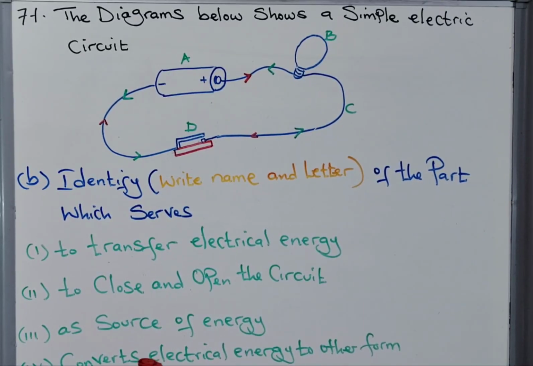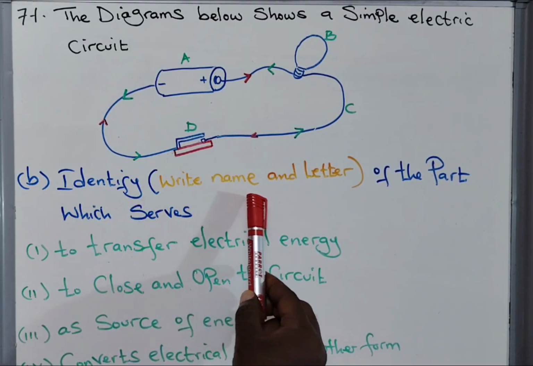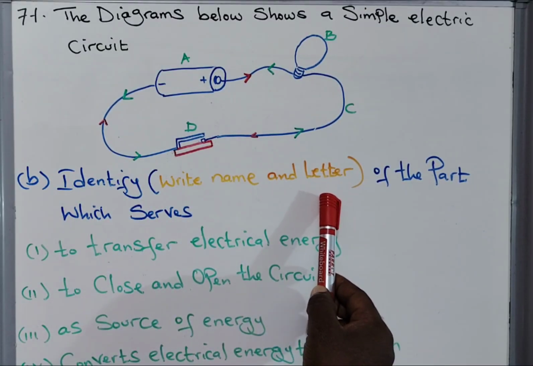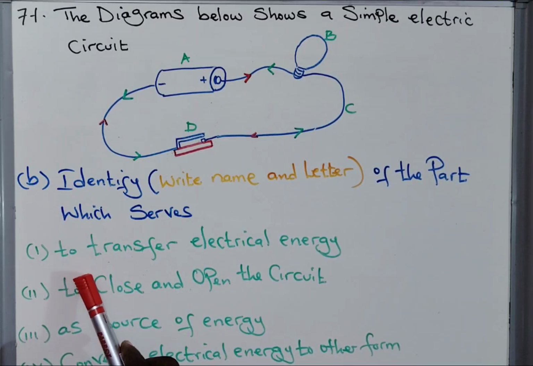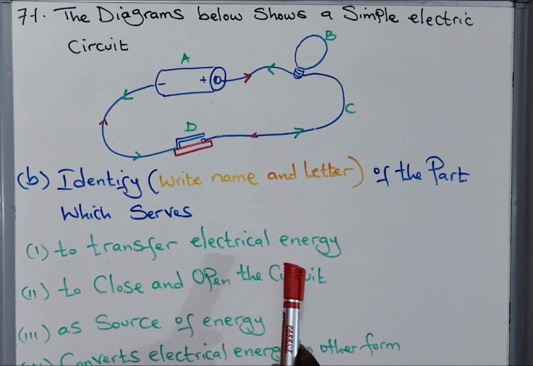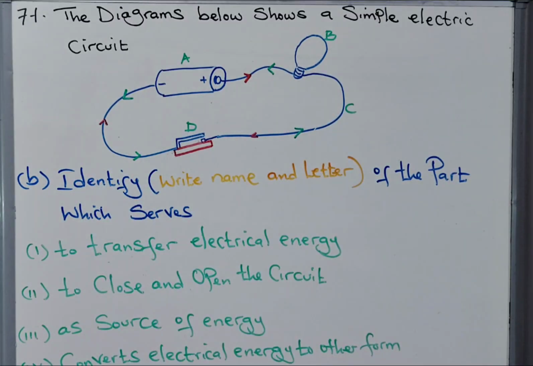Then we come to this question. It says, identify, write name and letter of the part which serves 1. To transfer electrical energy. Which part of the circuit serves to transfer electrical energy?